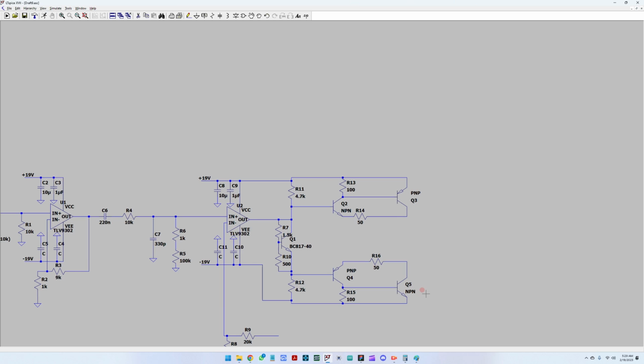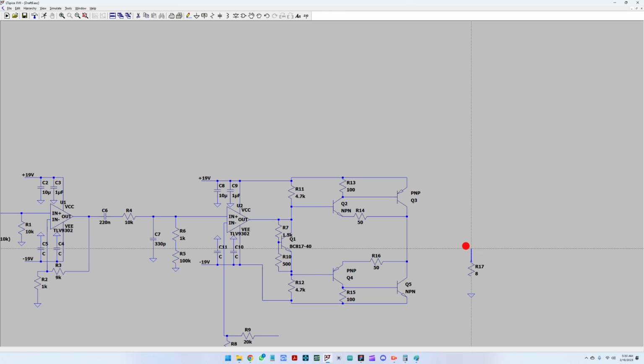Great, so our circuit is almost done. All we have to do is connect the high side with the low side, and for technical purposes, we need to put an 8 ohm resistance on the output here, just so that we see how the circuit functions and how it would work with a load.